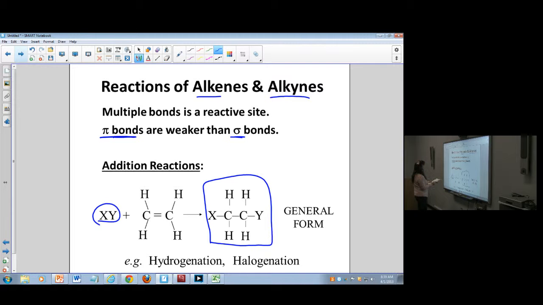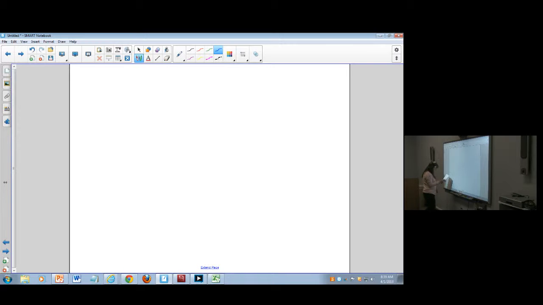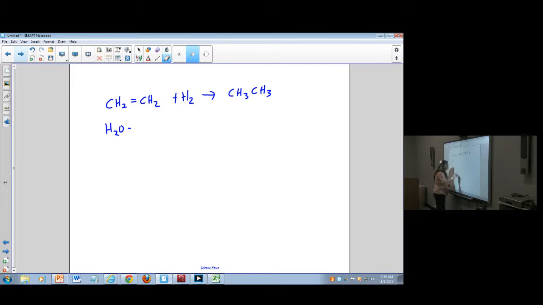In fact, let's just do that. What if we take CH2 double bonded to CH2, and we add hydrogen to this, and we end up with CH3, CH3, a hydrogenation. We can also take H2O plus our alkene, CH2, CH2 again.